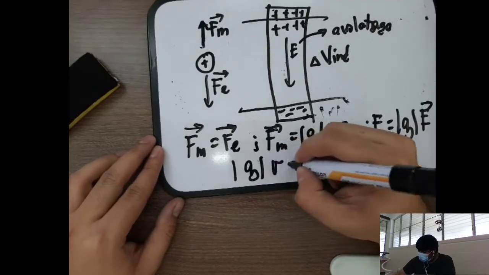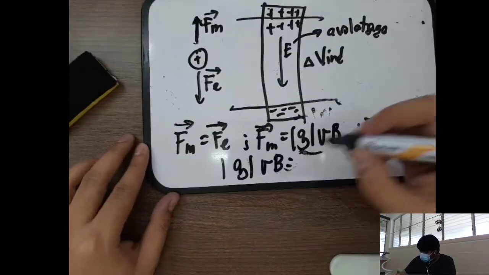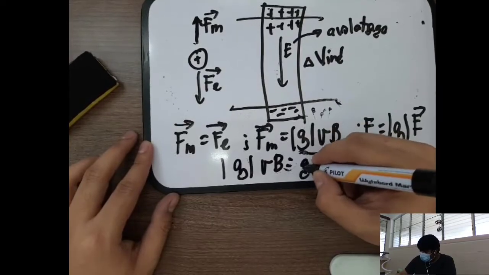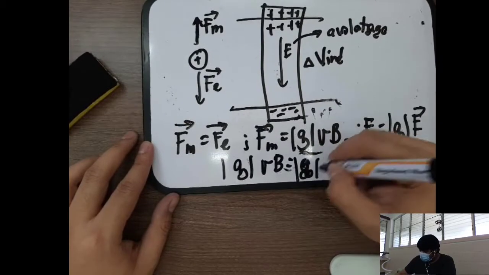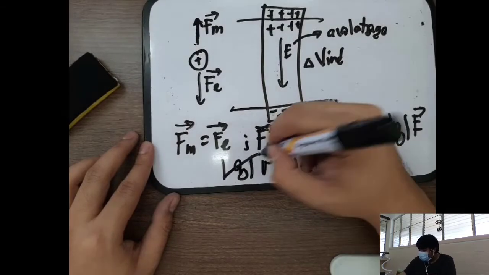Q V B is equal to Q E. So these will cancel each other out.